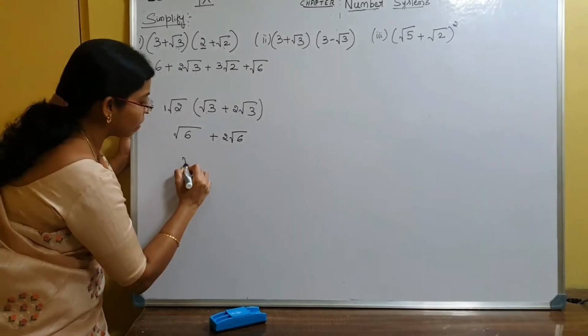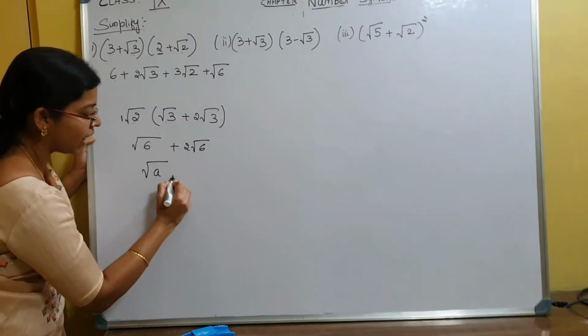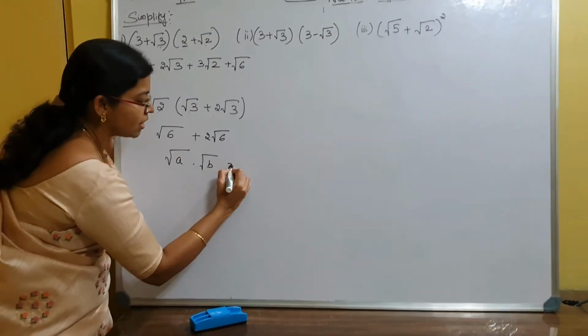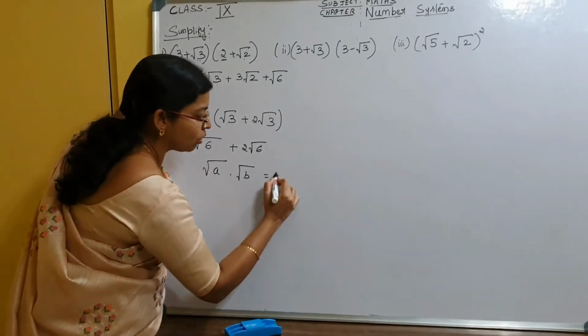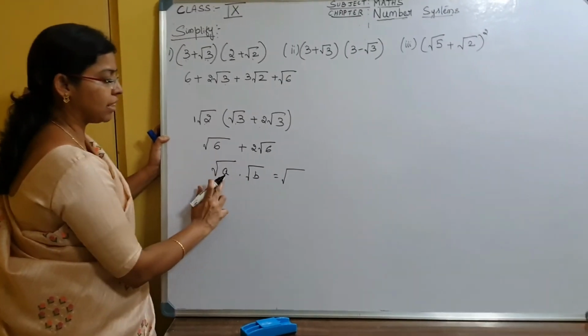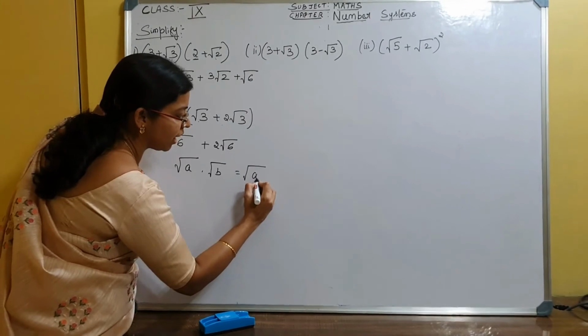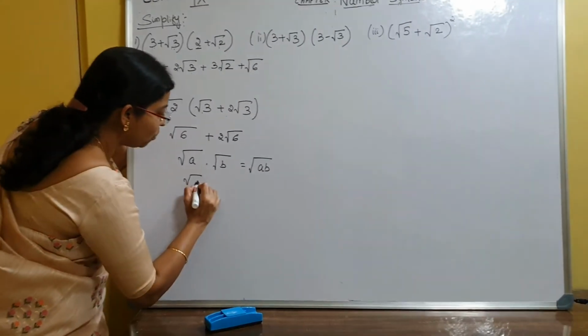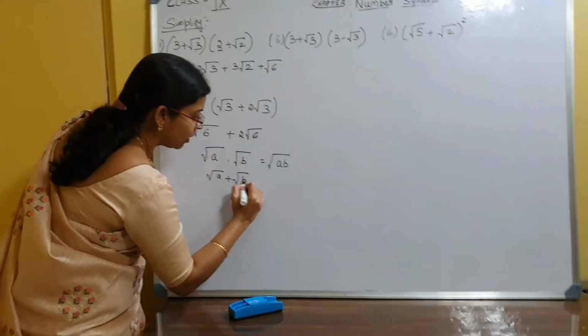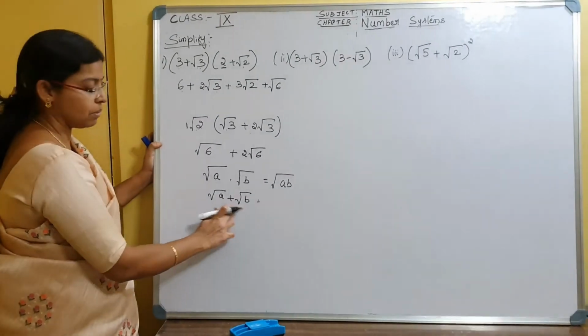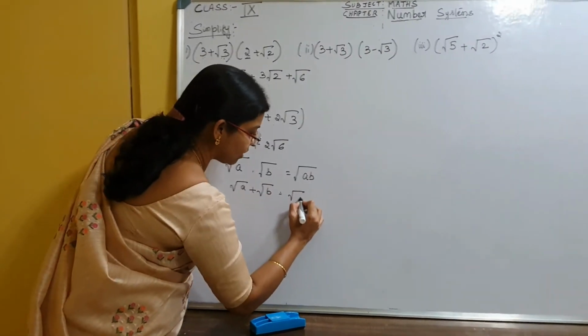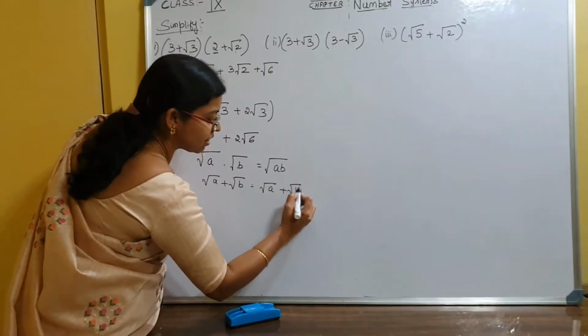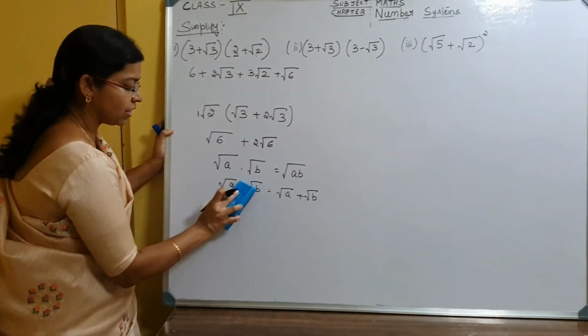In general, what can we write? Root A into root B is equal to, retain the root, we multiply the numbers inside the root, which is root AB. That is what we have done here. Whereas root A plus root B, we cannot add because they are different. We will write it as root A plus root B itself. Even for subtraction, it's the same.